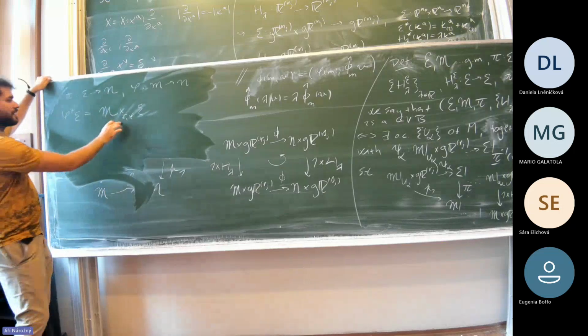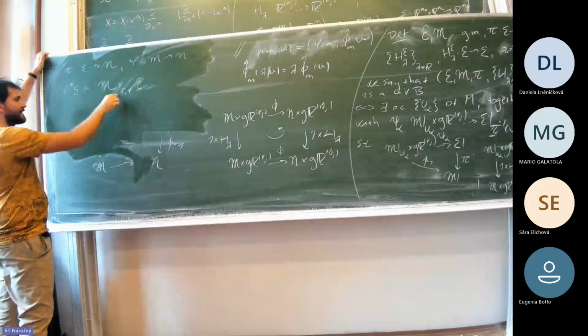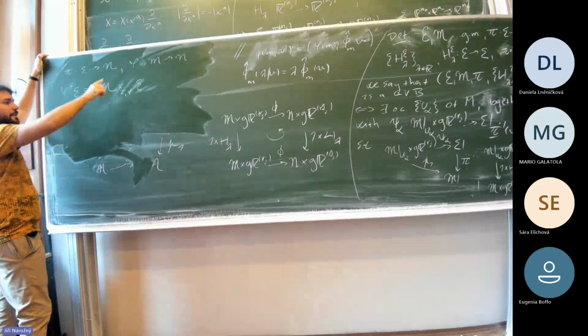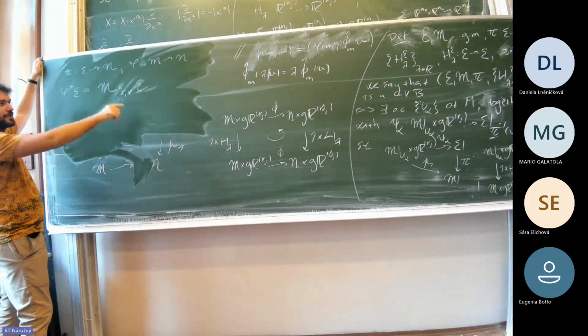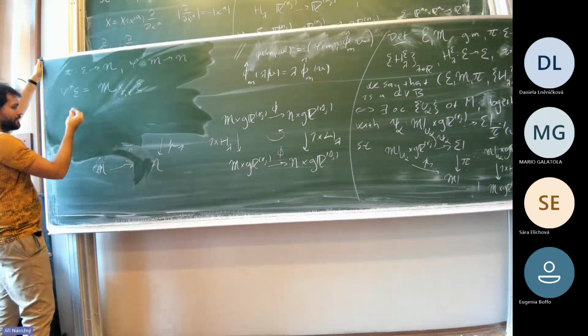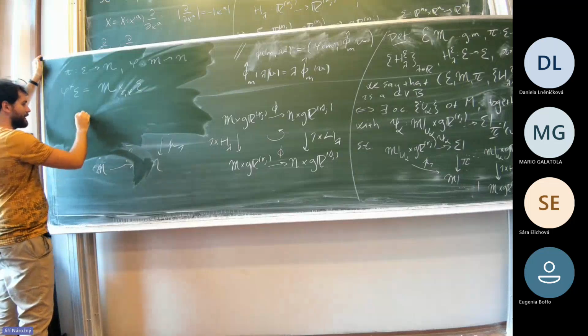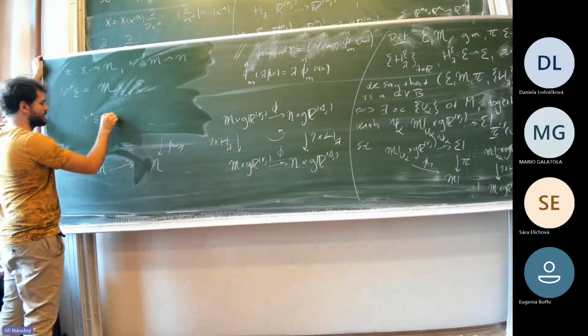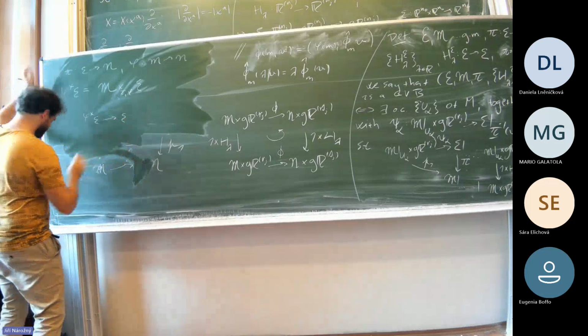So the nice thing about this is that you can define the H lambda, the homothetic maps, because you use universality, obviously.